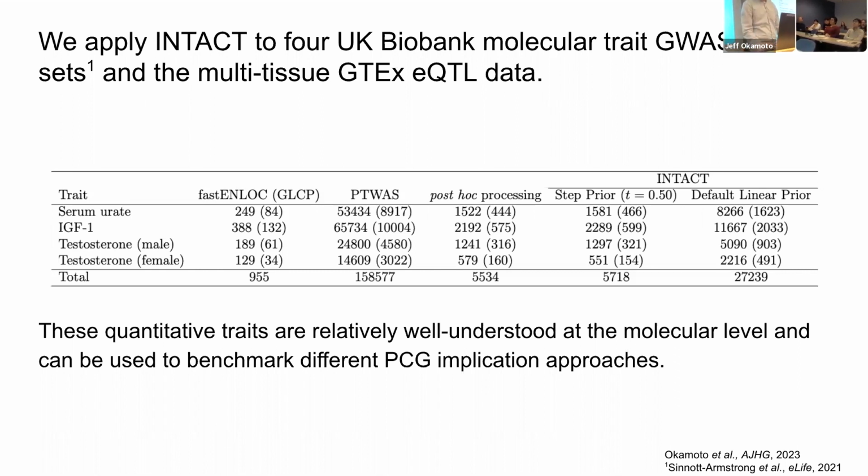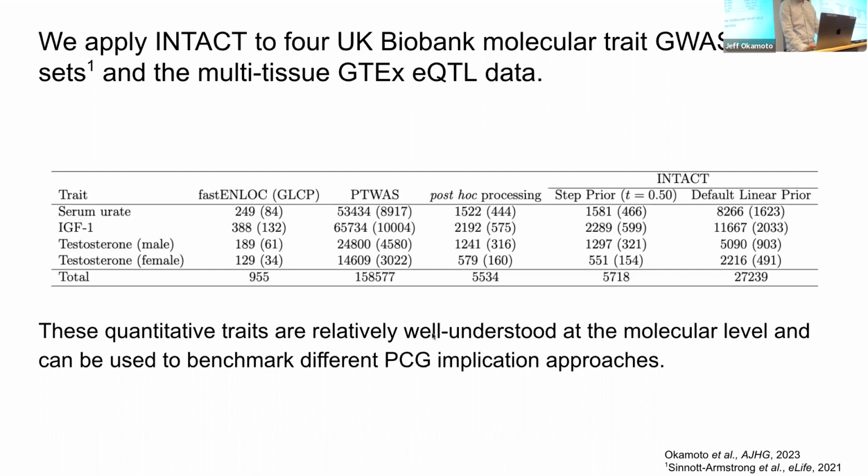Okay, so the way that this table is set up is each of the entries corresponds to a method and a trait. And essentially it represents the number of gene tissue pairs that are implicated by the method. And then the number in parentheses to the side of it is the total number of unique genes across tissues.